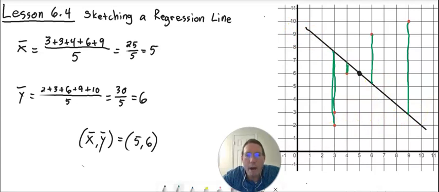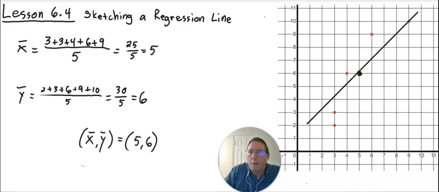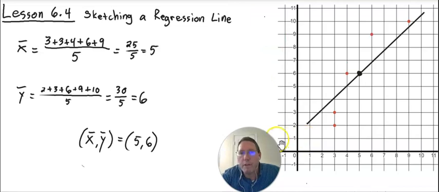Let's try a positively sloped line instead and see what happens with these green lines. So let's say maybe I'm going to put a line here. There we go. Let's try to draw this maybe through right here. All right, that's a positively sloped line.